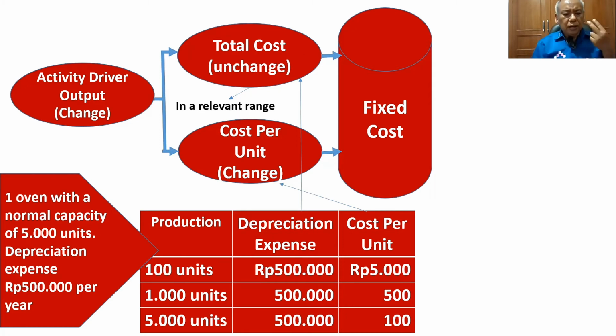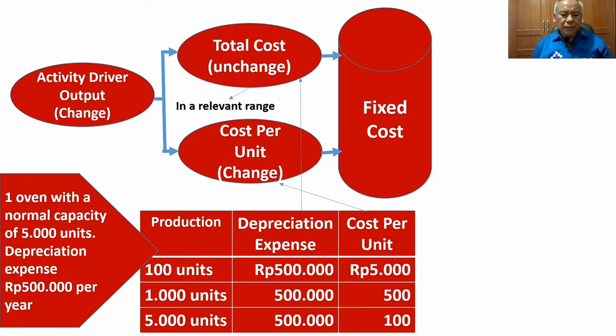If we have two ovens, the depreciation expense will be 1 million, because one oven is 500,000 per year. So the total depreciation expense will be 1 million, and the total will be changed.